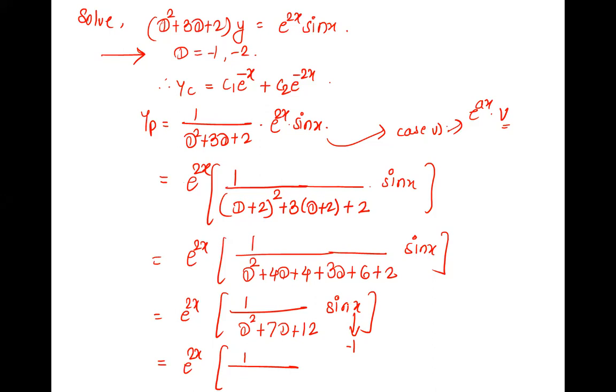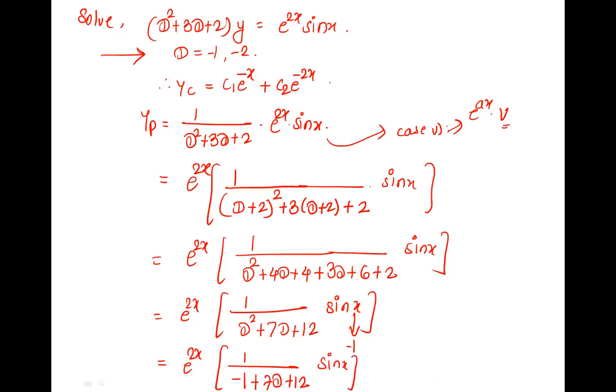What is a here? 1. Square of 1 is 1, and negative sign. So all D squares are replaced: -1 plus 7D plus 12 on sin x.